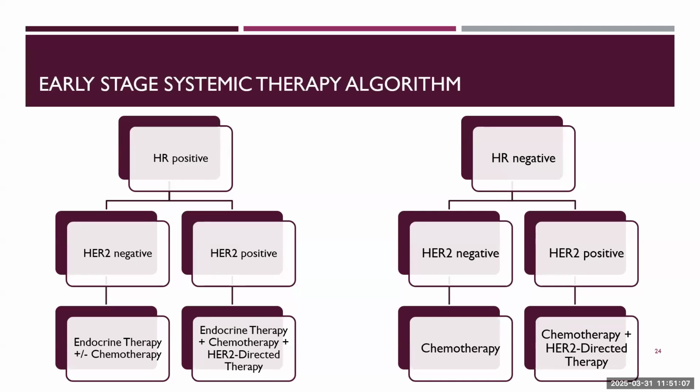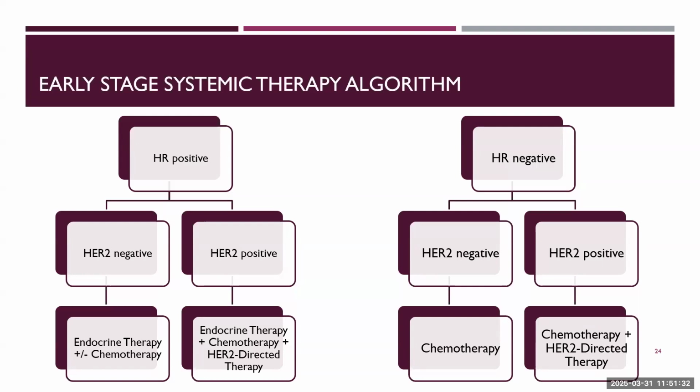So to break down how we treat patients with early stage breast cancer, the figure will start on the left with HR positive. This is divided between HER2 negative or HER2 positive. If they are HR positive, HER2 negative, they will get endocrine therapy, plus or minus chemotherapy.